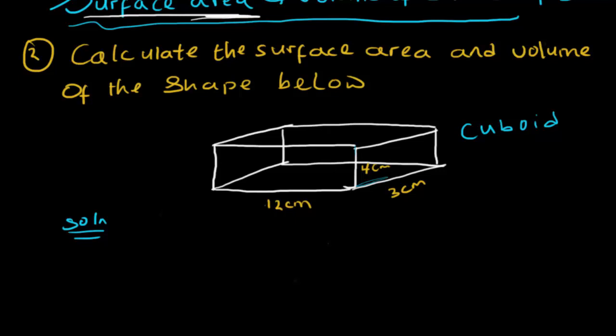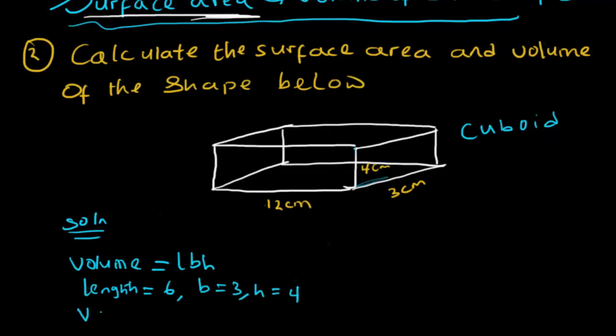So let's solve the volume. Formula: volume for a cuboid. Remember, base area times height equals LBH. Now the length is what? Length is 6. Breadth is 3. Height is 4.